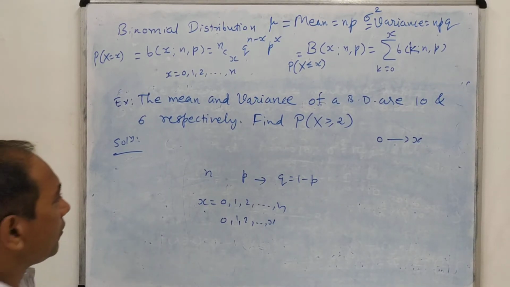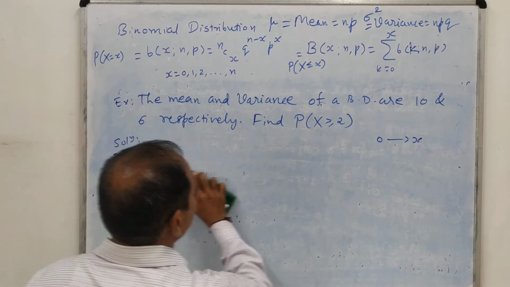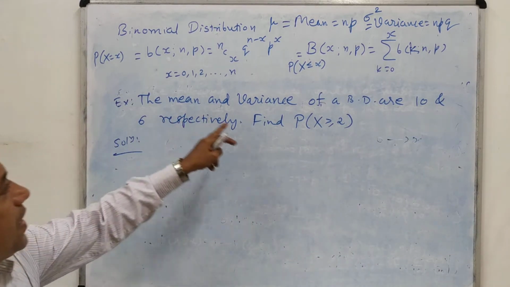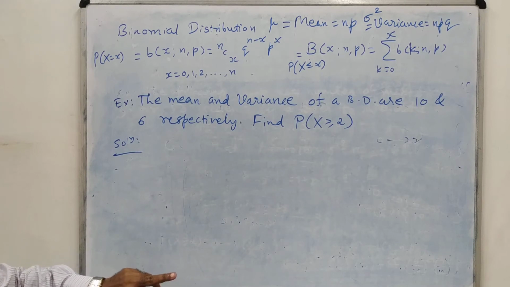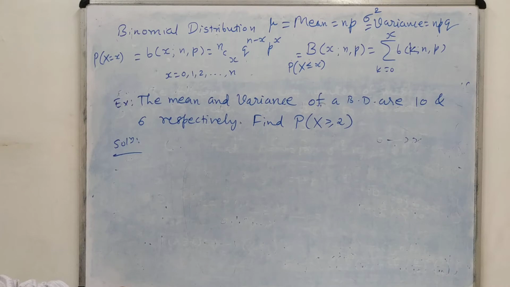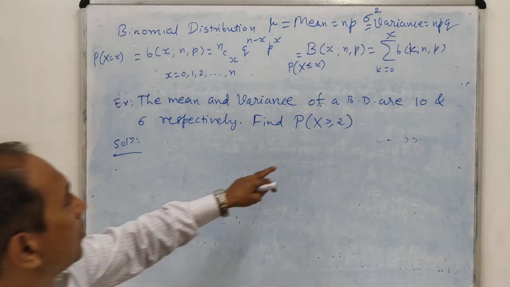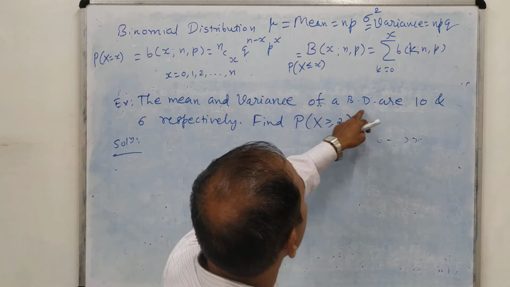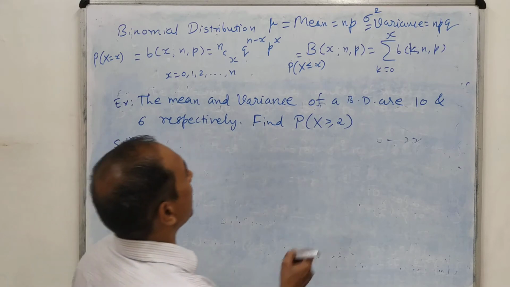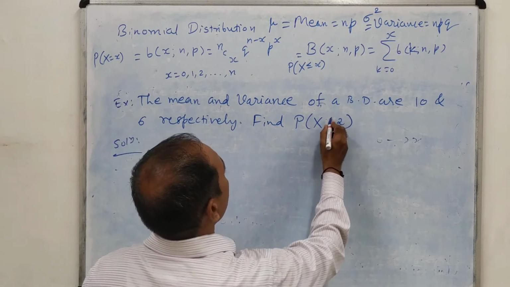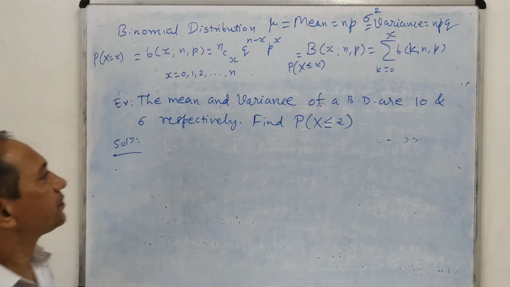Now let us see examples based on this. Here one example is written: the mean and variance of a binomial distribution are 10 and 6 respectively. Find the probability for x less than or equal to 2.